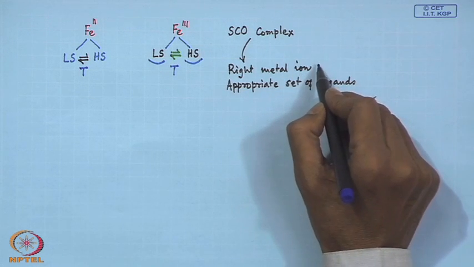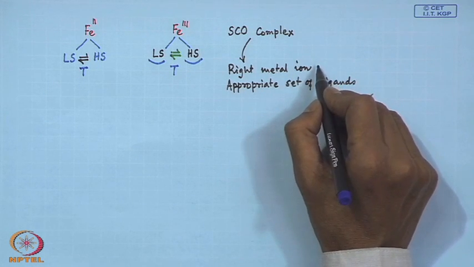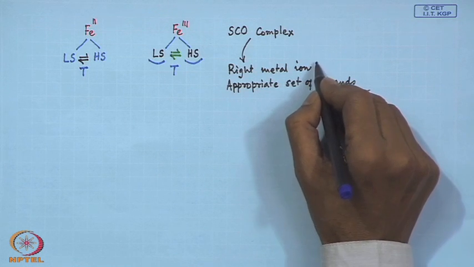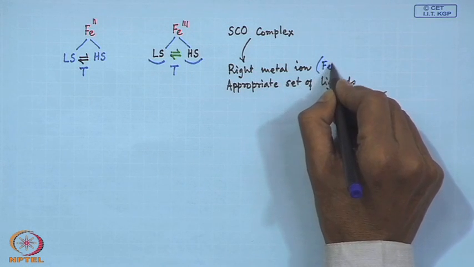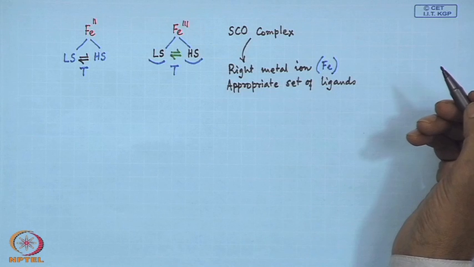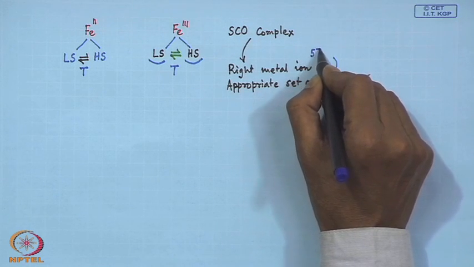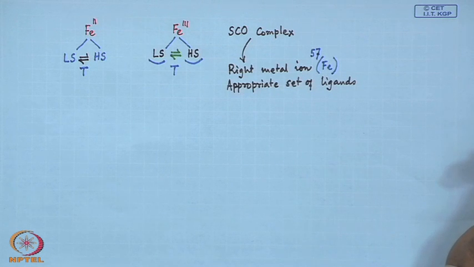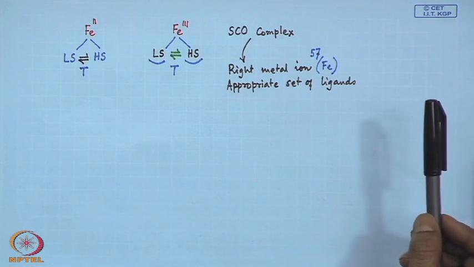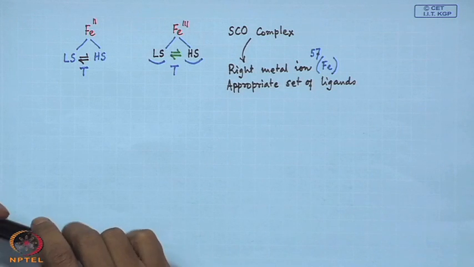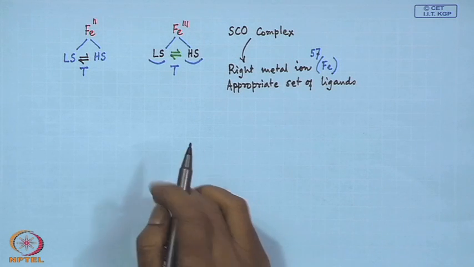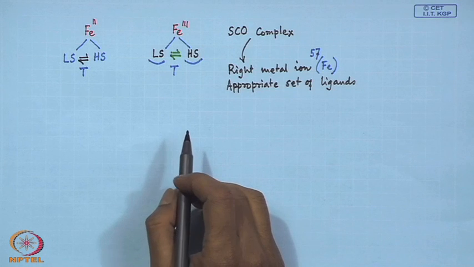So, the right metal ion: luckily, when we are talking about Mossbauer spectroscopy, we are lucky enough to take the iron center, as its Mossbauer spectra. We will be talking about the 57 iron species. So, the 57 iron isotope can give rise to these signatures for two different types of splitting, the isomer shift and the quadrupole splitting.